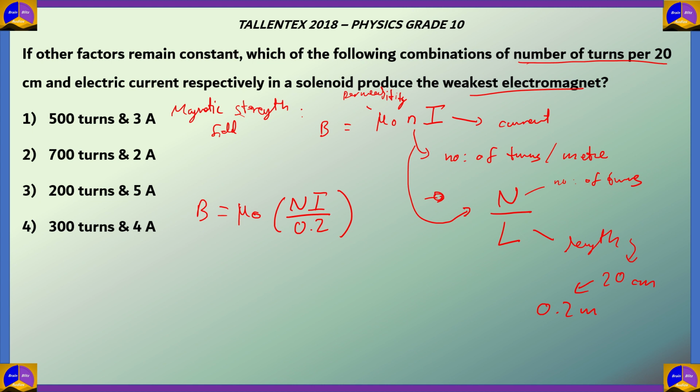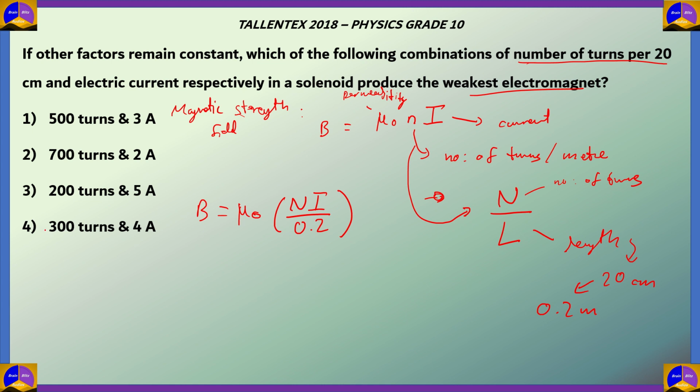The N we're using is uppercase because we know the number of turns, the absolute number of turns. So now from this particular question, we need to check out all 4 options and find out which has produced the least magnetic field strength.